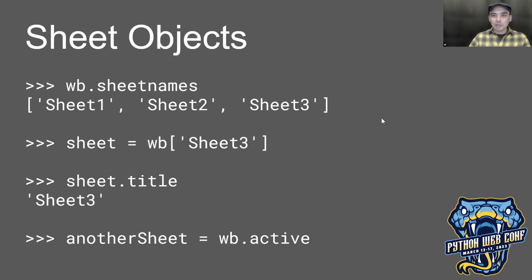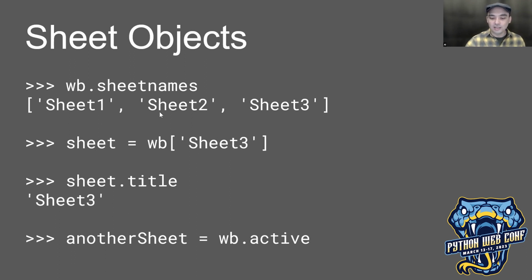Now, for sheet objects, remember a workbook object contains multiple sheet objects. You can see those with the sheet names attribute of the workbook. The Excel application will automatically just add Sheet1, Sheet2, Sheet3 whenever we create a new spreadsheet in Excel. And so we can just grab one of those. Again, it's just like a dictionary key.